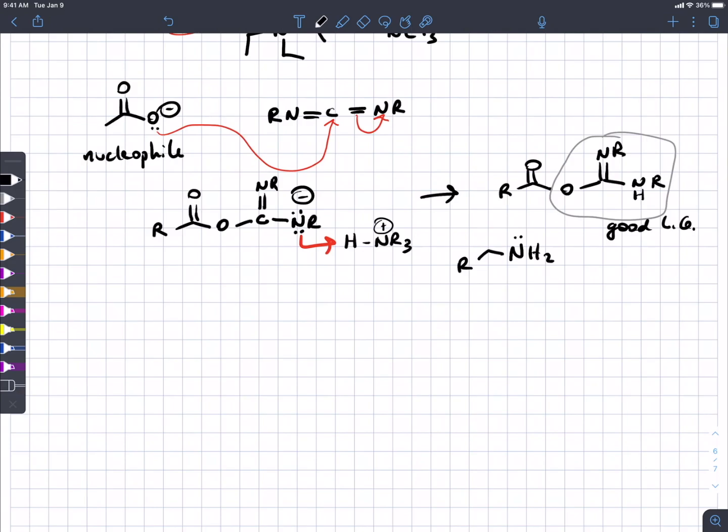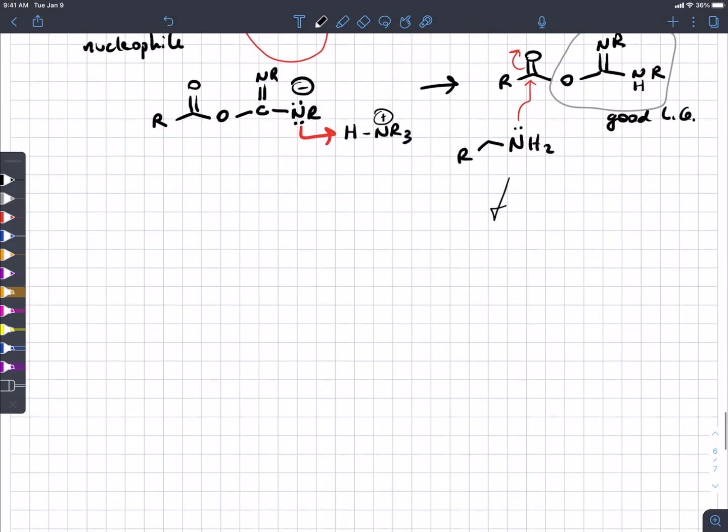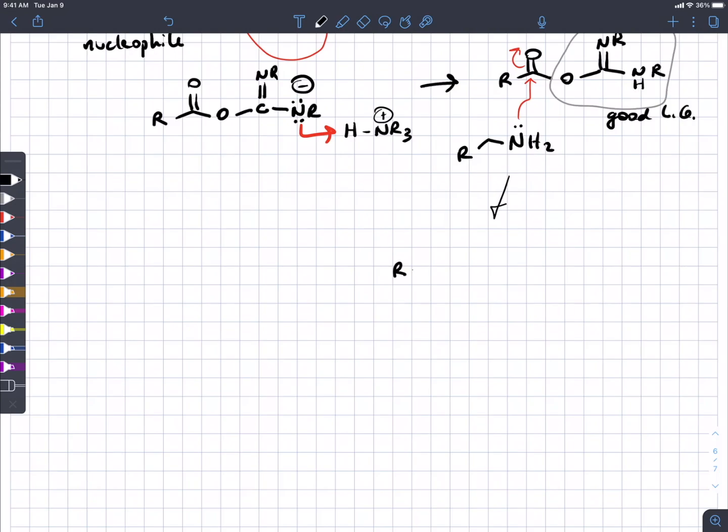can attack the carbonyl carbon to give you a tetrahedral intermediate, which looks like this. And now what I'm going to show you next is how the leaving group leaves.